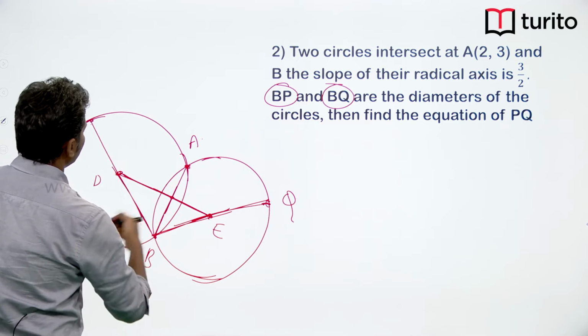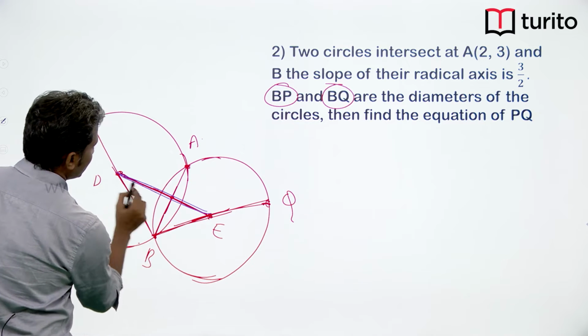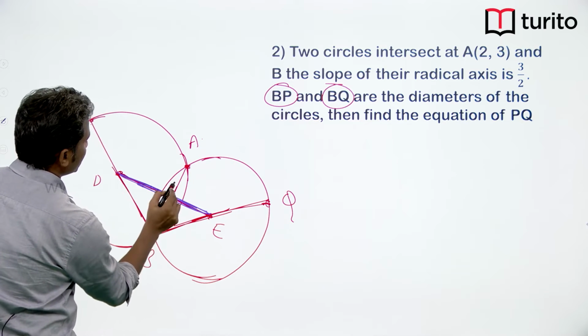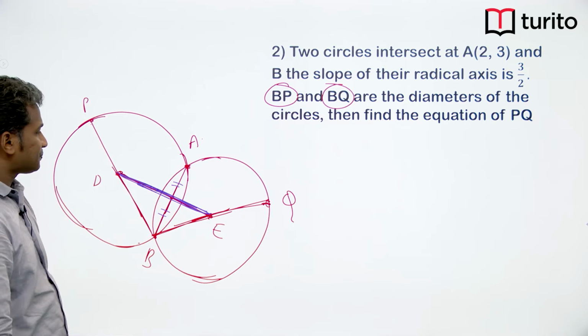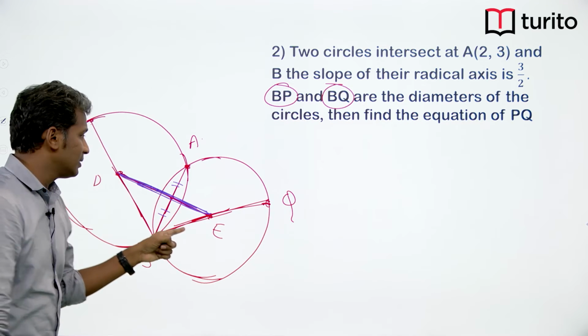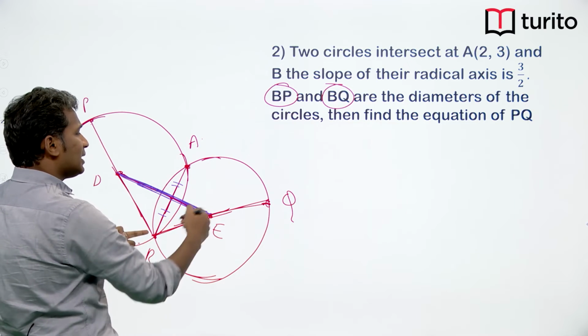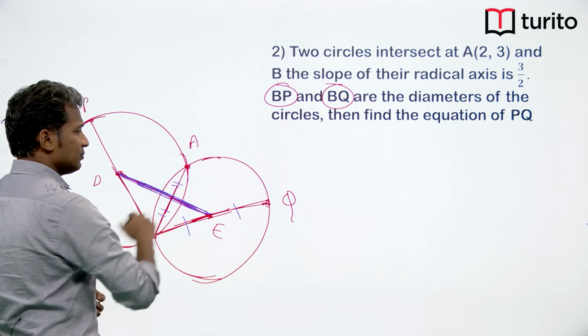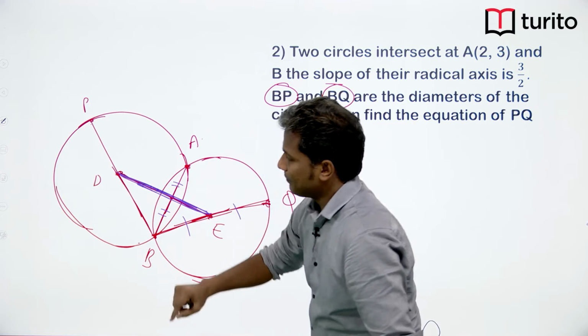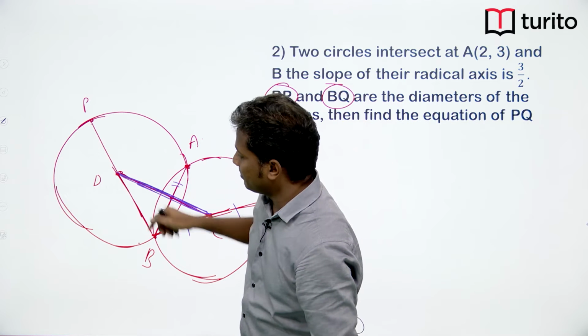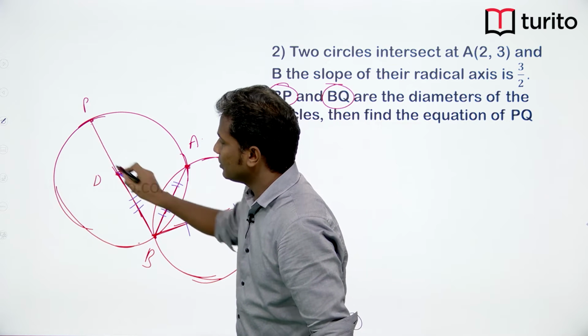Now I will draw this line using a different color. Let us say I am taking blue. This line is bisecting the common chord into two equal halves. Also, the point E is bisecting the diameter BQ into two halves, and the point D is bisecting the diameter BP into two equal parts.